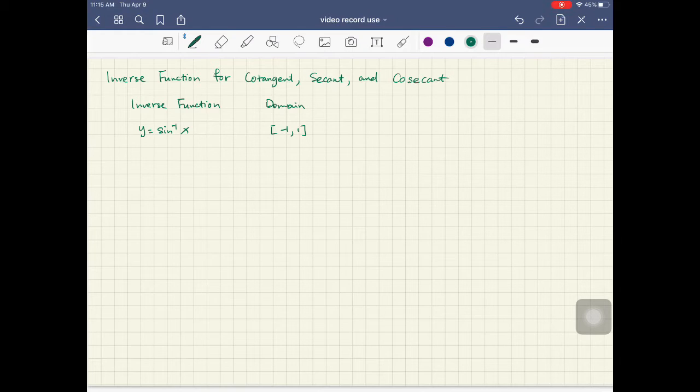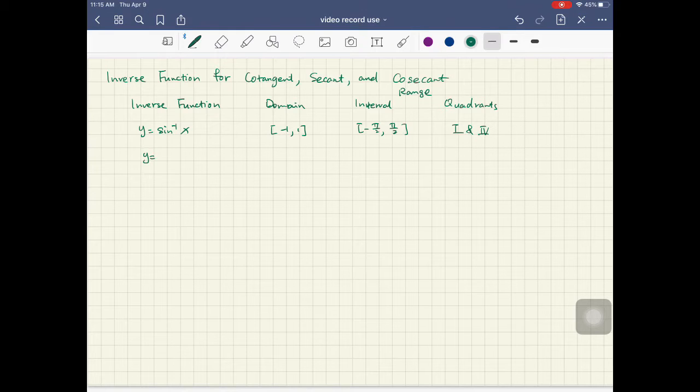And then the range has two components. Number one, in terms of interval, it's going to be between -pi/2 and pi/2. If you're talking about quadrants, we're talking about quadrant 1 and quadrant 4.